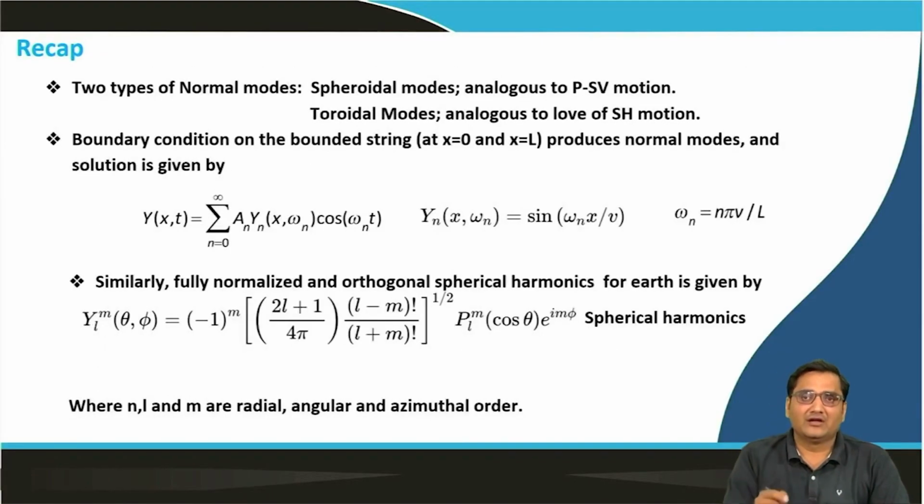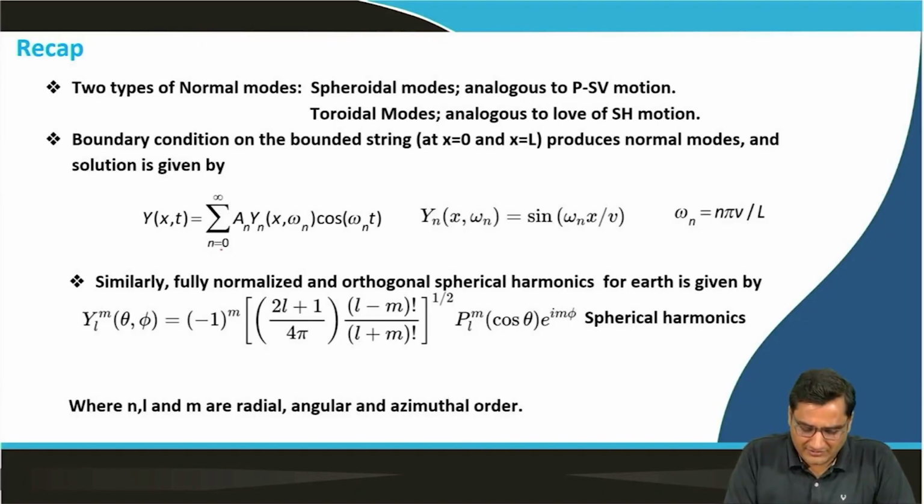Now we defined two types of normal modes. One is the spheroidal mode, which is analogous to the P and SV motion. Then we defined toroidal modes, which are analogous to the Love wave motion, or predominantly SH wave motion. Then we used the boundary conditions on the string, which basically produce the various kinds of modes, and those modes can sum up to form the traveling waves or the propagating waves.